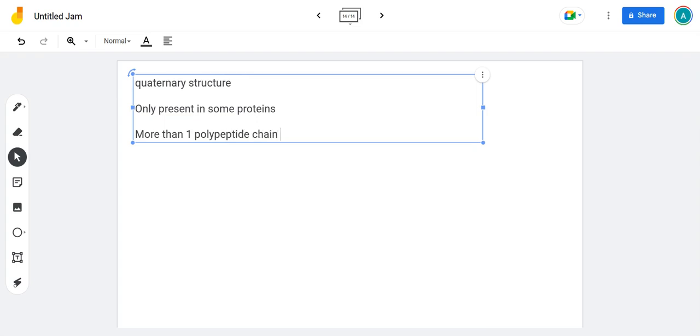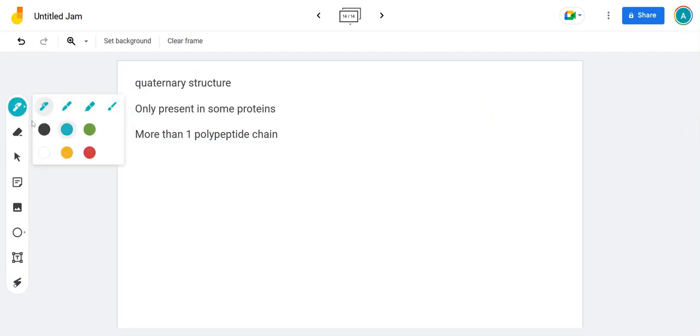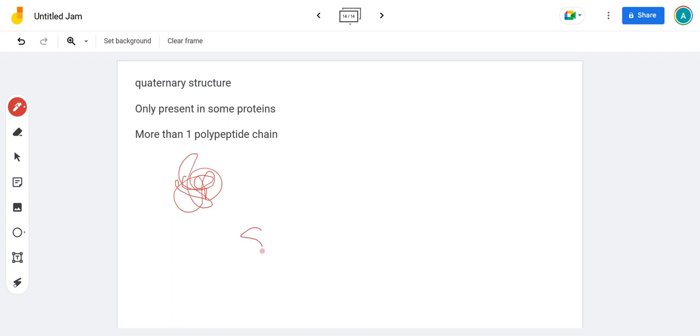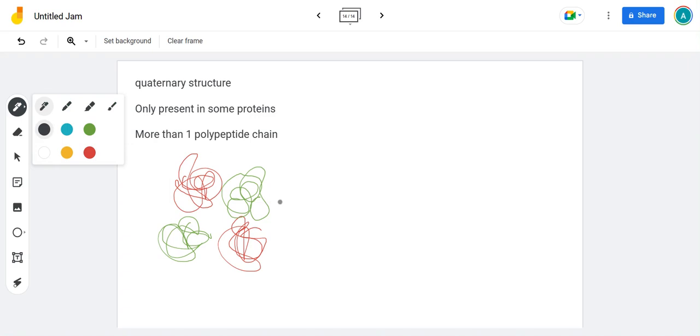So if I draw different polypeptides in different colours, it could be that it's made of this polypeptide. Maybe it's got two of those, and maybe it's got two of these. So you can see that that protein there has a quaternary structure. It actually has four polypeptides.